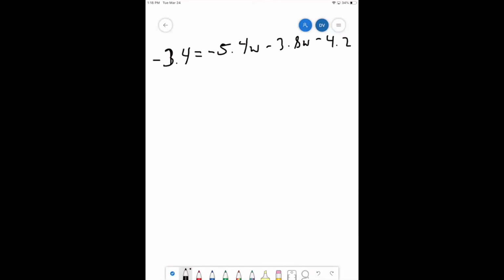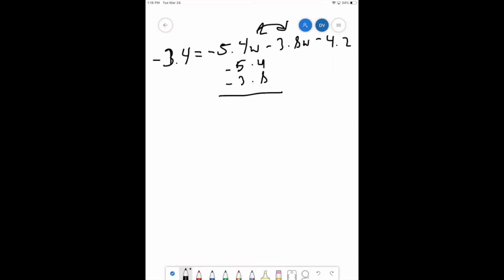Right, so again, we have to combine like terms. This W and W are the same, so let's combine them. So negative 5.4 and negative 3.8. And if we add those, so they're both negatives, right? So we're just going to add them together.